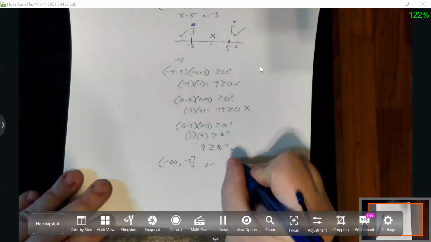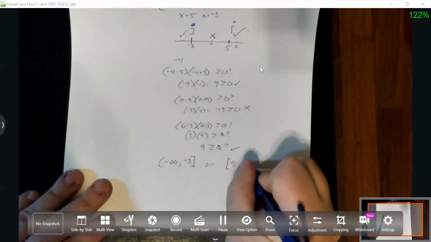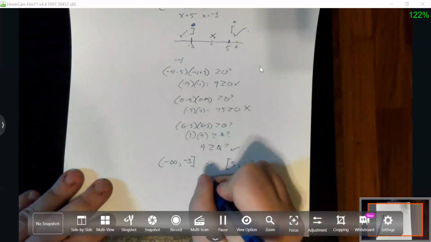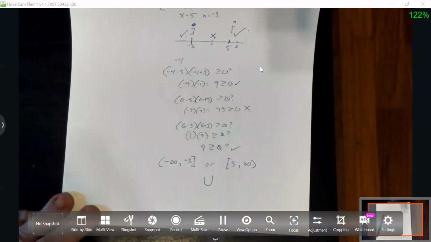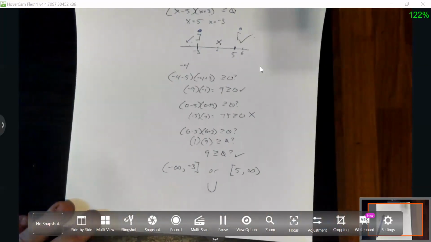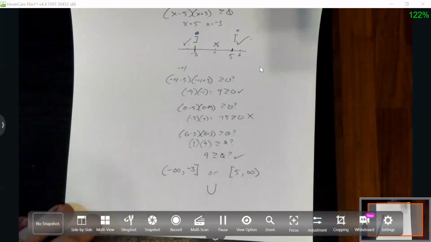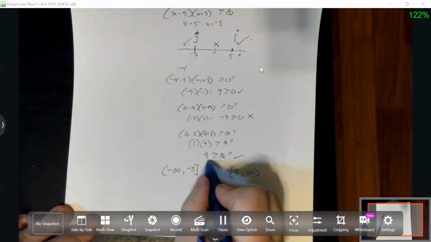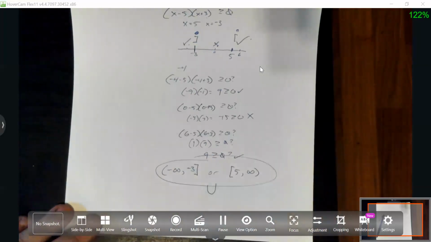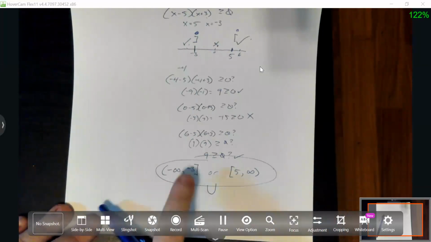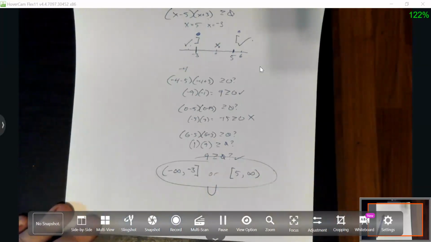Or it can be from 5 all the way to infinity. You can also use a union symbol to show that it's both put together. So this is a combination of what we did in the last couple lessons mixed with some of our older stuff. So I solved it, and I found out when that is greater than or equal to 0. It's anywhere in this region or in that region.